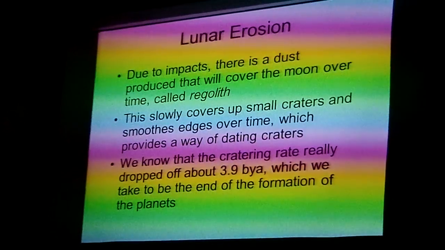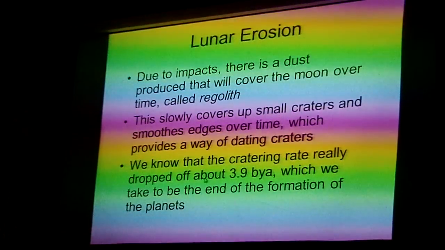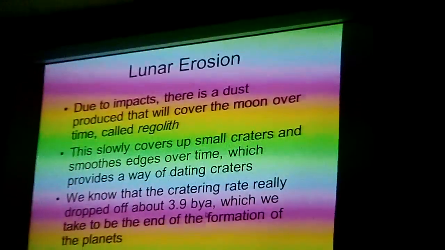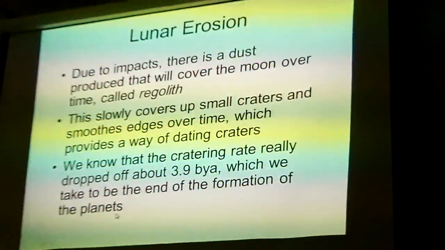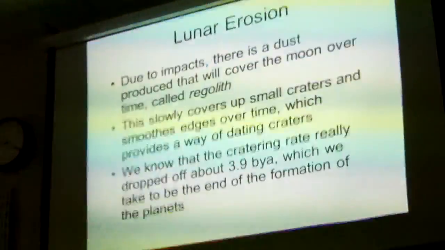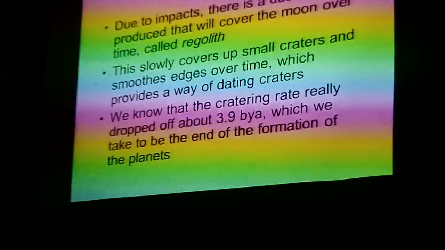What does BYA stand for? Billion years ago. We know that the cratering rate really dropped off about 3.9 billion years ago, which we take to be the end of the formation of the planets. There were a bunch of craters impacting the moon, and then about 3.9 billion years ago, it kind of stopped.